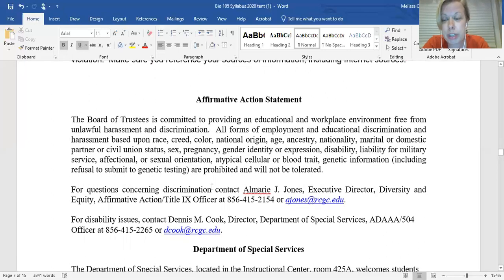This is our affirmative action statement for the college, stating that we're committed to providing an educational and workplace environment free from unlawful harassment and discrimination. And there are some protected groups.